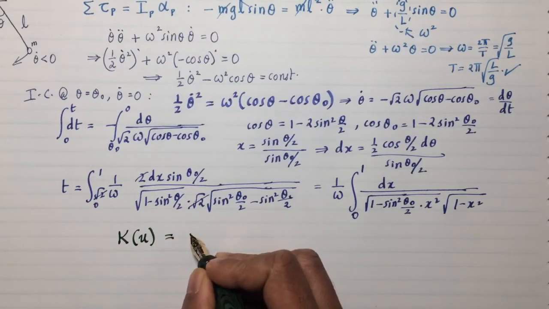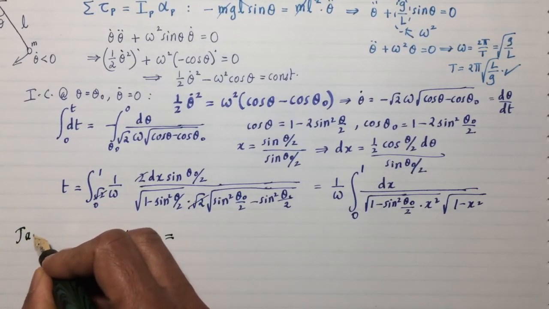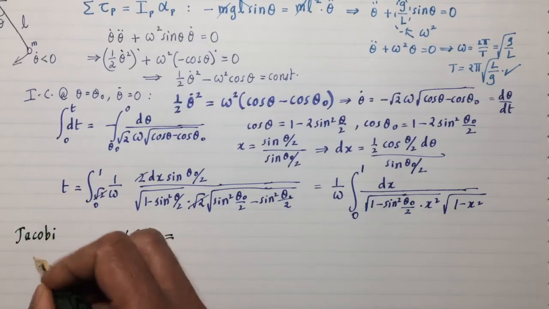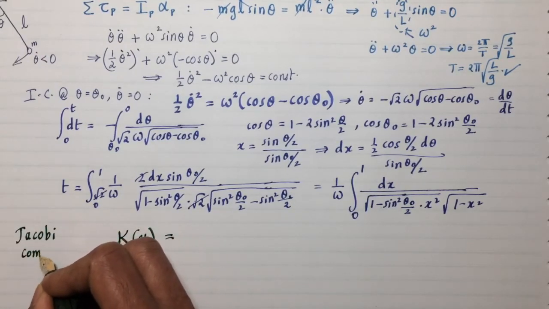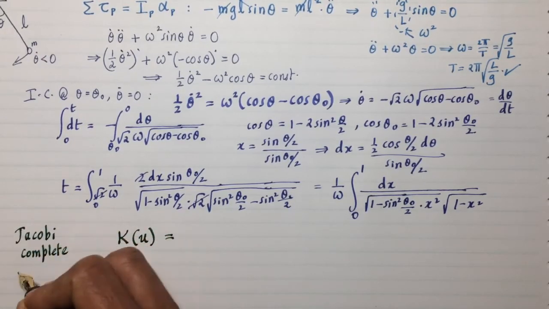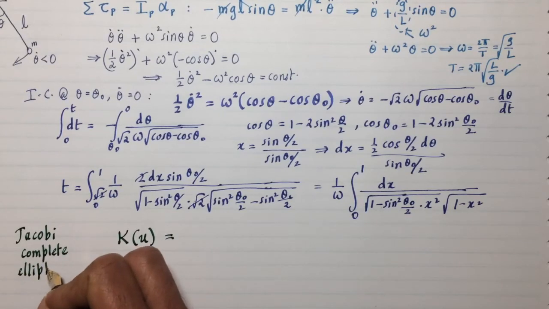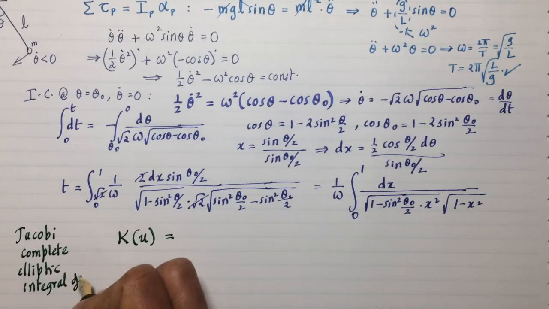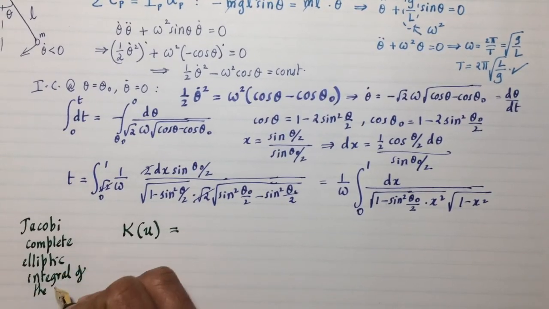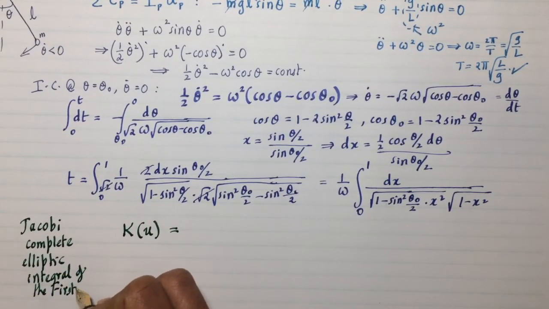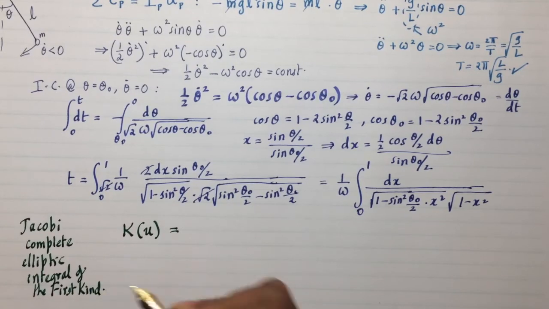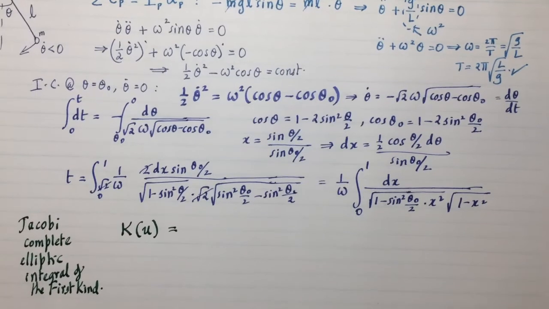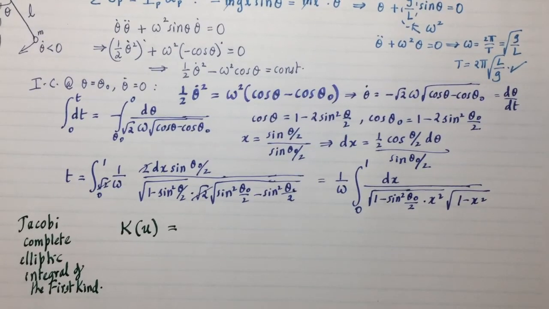K of u is called the Jacobi complete elliptic integral of the first kind. So just like the close encounters with aliens, you have the first kind, the second kind, and the third kind. And in my opinion, it's less scary to meet aliens than these elliptic integrals.